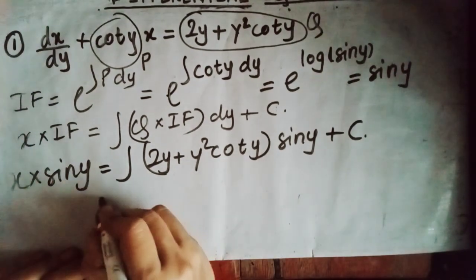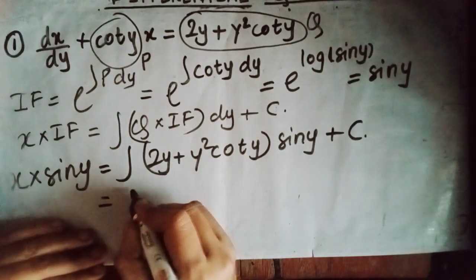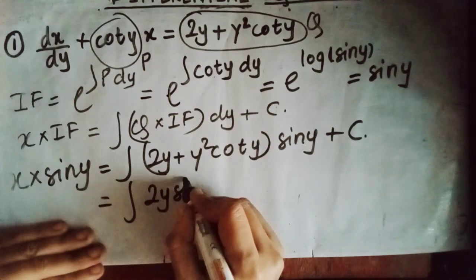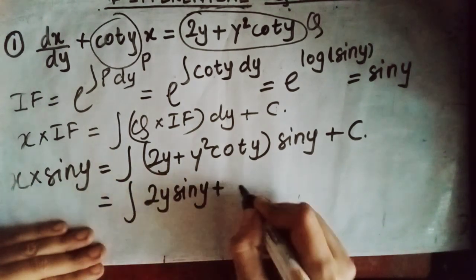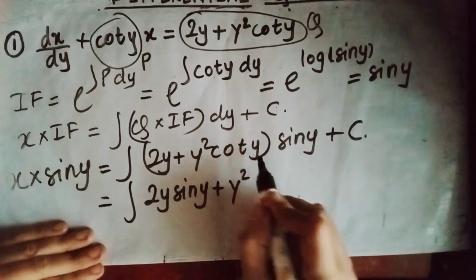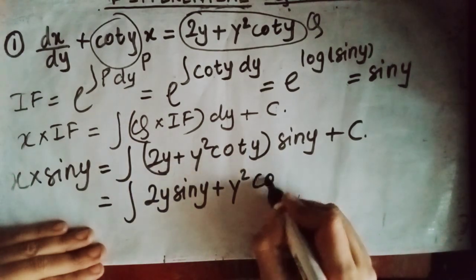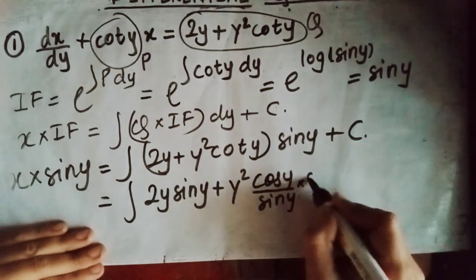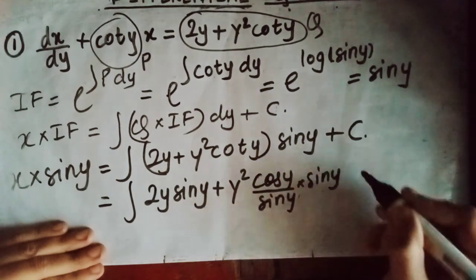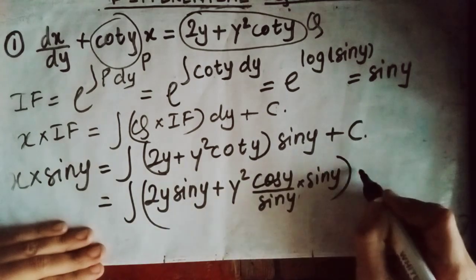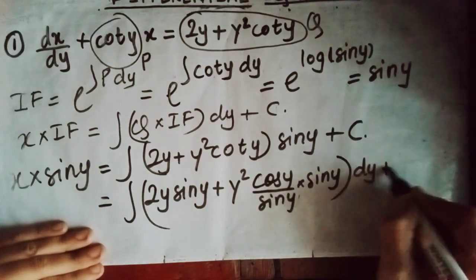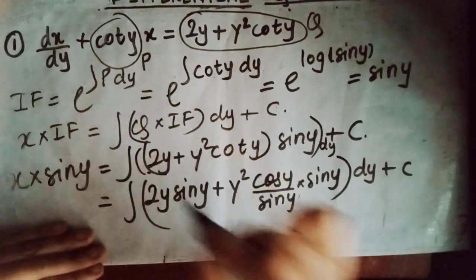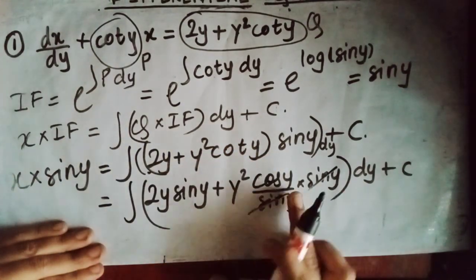Okay, now take this sine y inside, so this will be integral 2y sine y plus y square. I can write cot y as cos upon sine into sine y dy plus c. Okay, I have not written here dy, so this will be cos y.